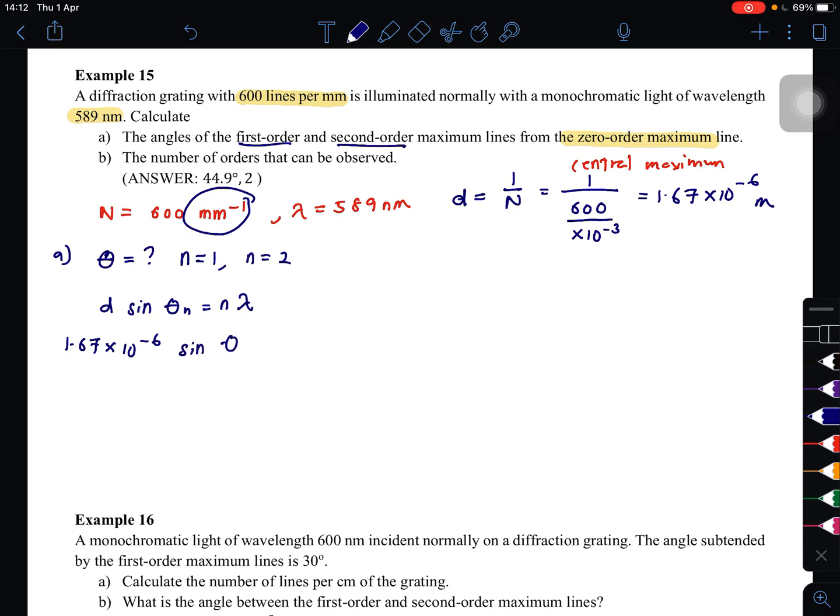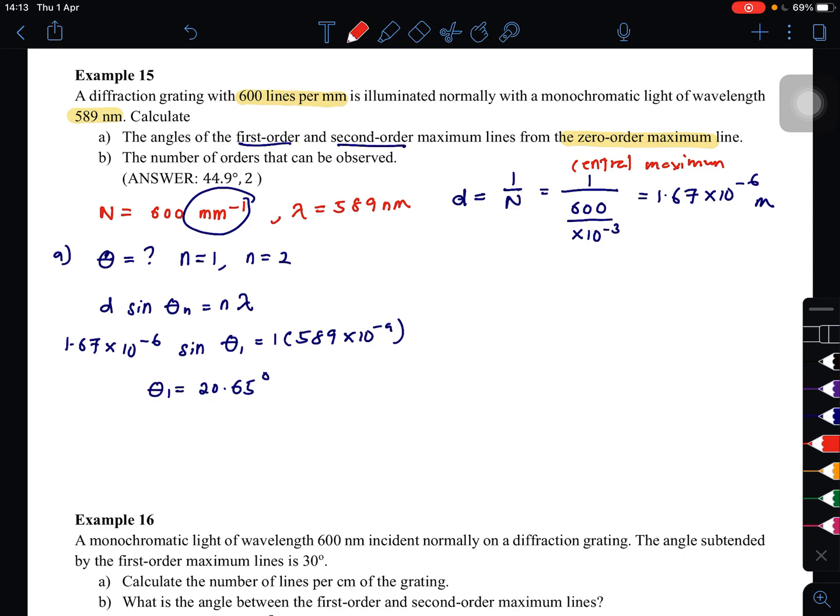So masukkan sin and then angle is the first angle. And then n adalah sama dengan 1 and lambda 589 nanometer. So angle 1 will be equal to 20.65 degree. And then the second one will be using the same formula.